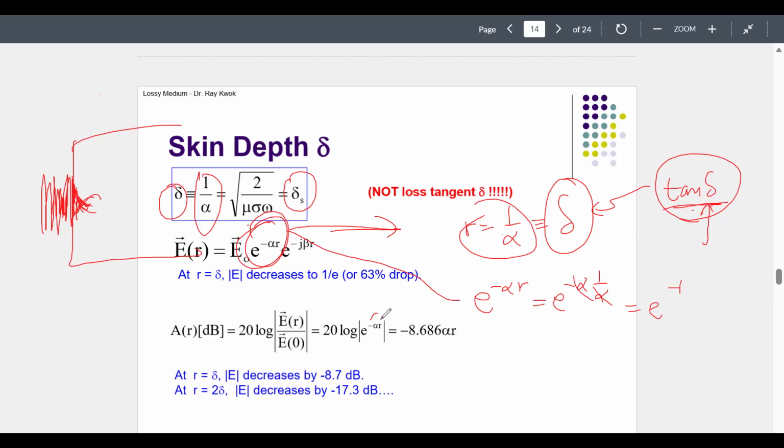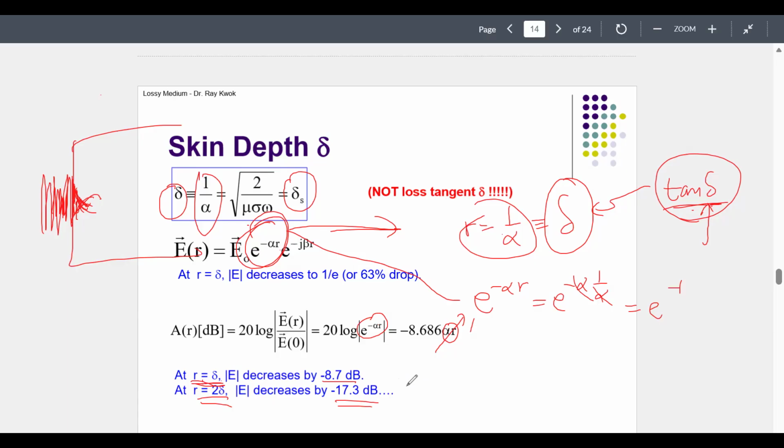So when the distance is equal to 1 skin depth, the electric field intensity would drop by 8.7 dB. 8.7 dB is roughly about 1/10, like 10% or 12% of your original signal. At 8 skin depths, minus 70 dB, that's already almost like 1/200. Right? It's getting smaller really fast, exponentially fast.